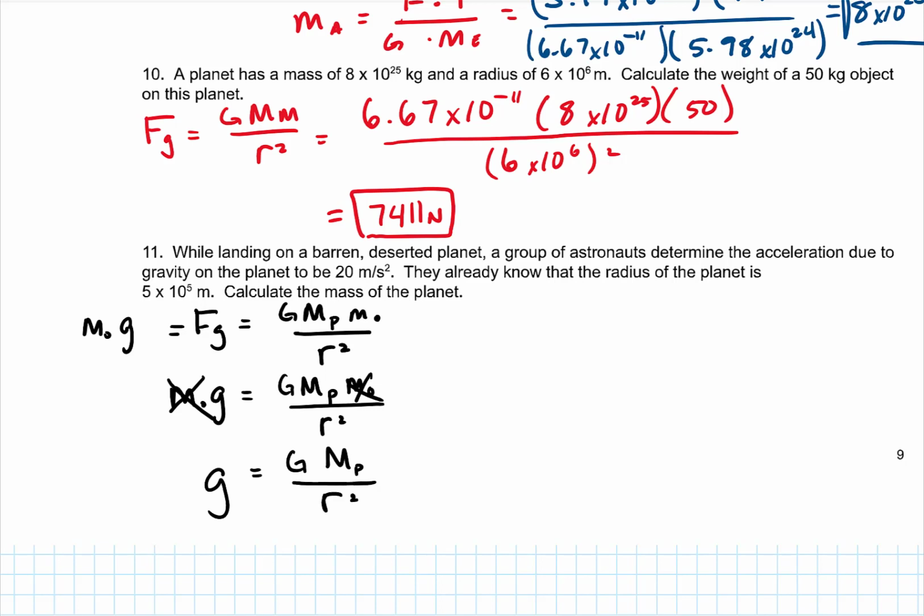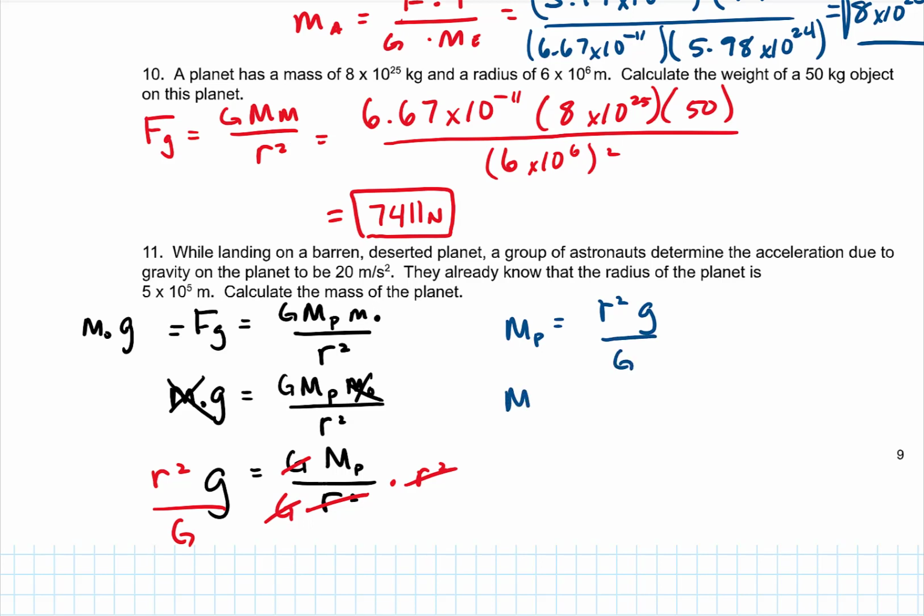Now, if the only thing we don't know here is the mass of the planet, we'll multiply both sides by the radius squared, and divide by capital G, because we want the mass of the planet alone. And what we've got is that the mass of the planet is equal to R squared times the acceleration due to gravity, little g, divided by capital G.